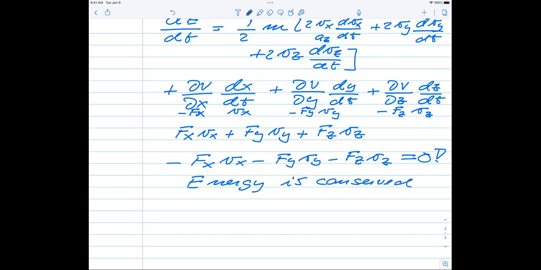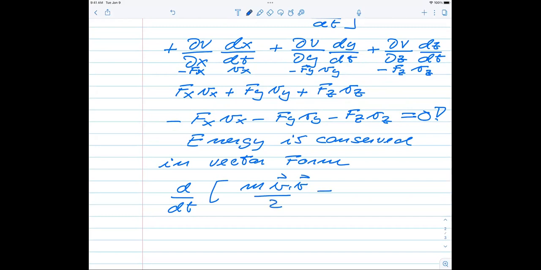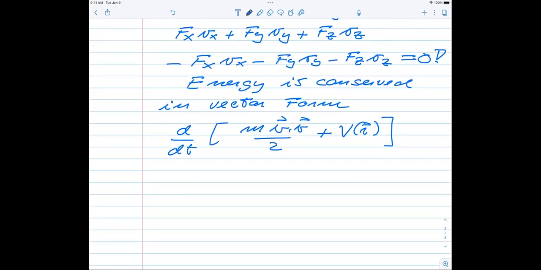And we can obviously rewrite this in the vector form. So in vector form, what we would have then is the following. We would have the d dt of the kinetic energy, m times v squared divided by 2, plus V of r. And then when we take the derivatives, this is just simply going to be equal to the following.